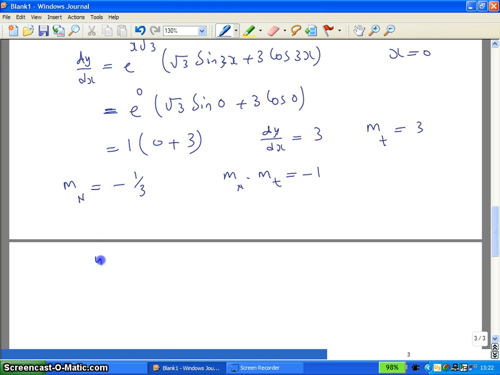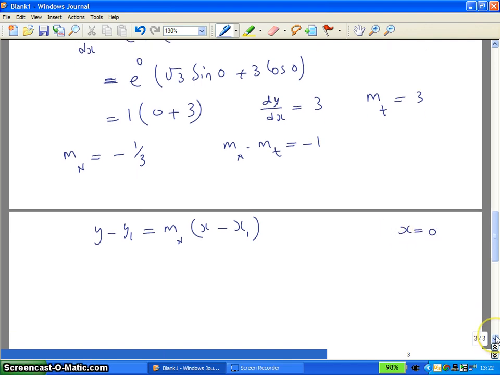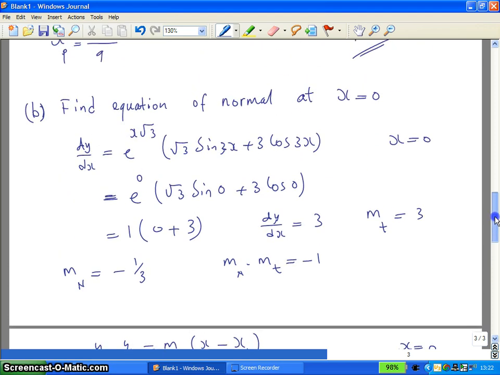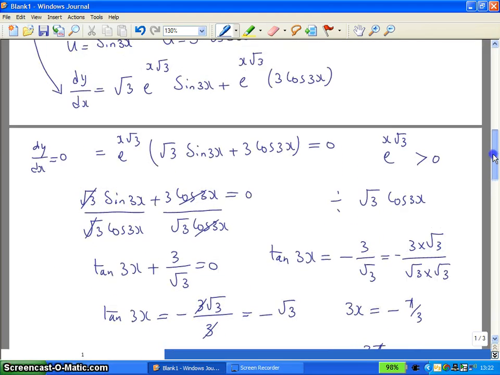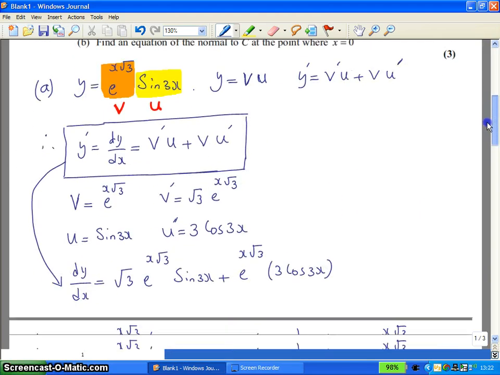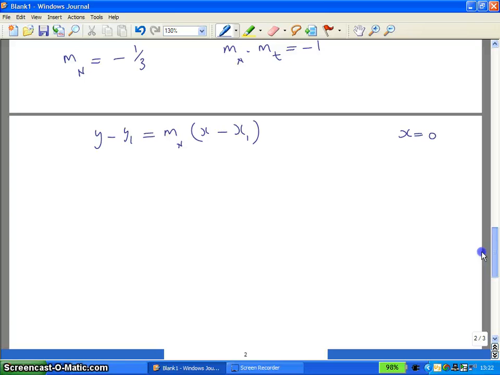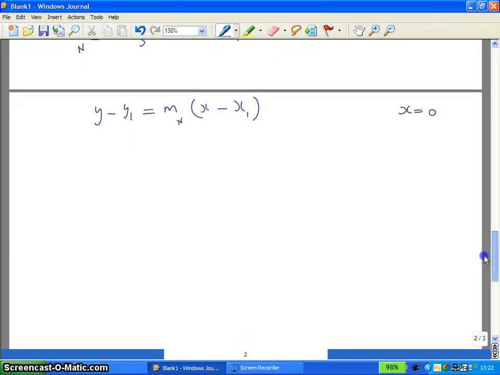The general equation of a line is y minus y1 is equal to m of the normal times x minus x1. We want to write the equation of the normal at x equal to 0. Remember, when x is equal to 0, we have to find the corresponding y value in the original equation.